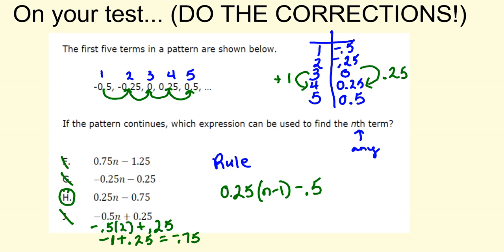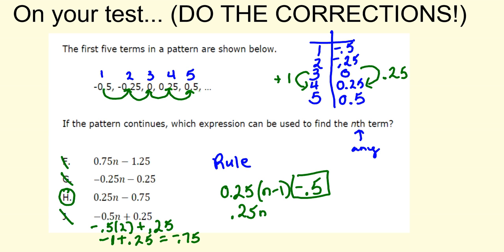Or I can write it in slope-intercept form. Instead of taking away 1 right here from my n, I would just have this like an n. And then I'm looking for my 0 term instead of my first term. My y-intercept would go here.